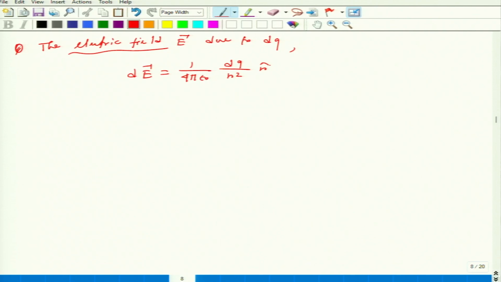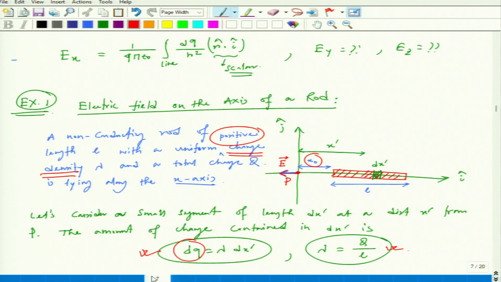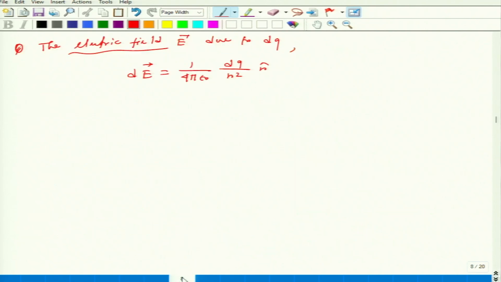In the previous class we discussed that the direction of the electric field is the negative x axis, so r cap becomes minus i cap in this specific case.